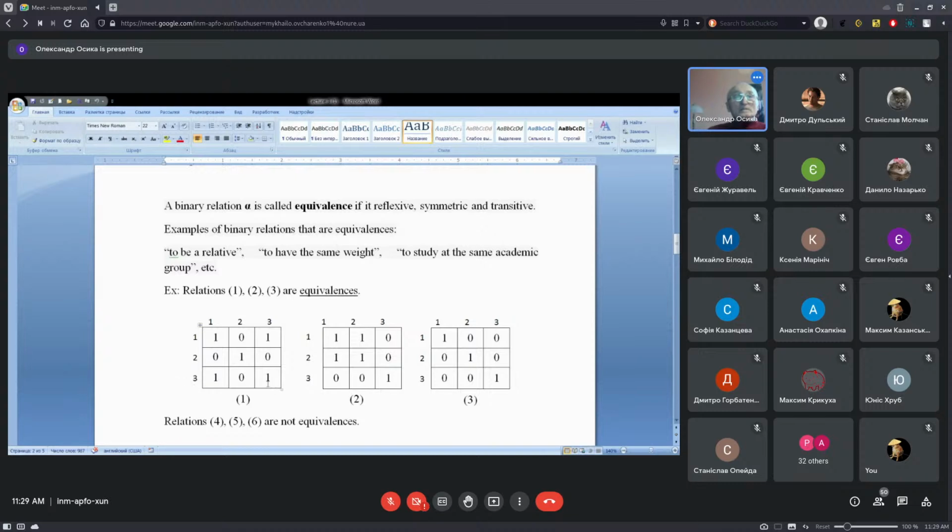3 to 1. 3 to 1, true. 1 to 3, true. For this relation to be transitive, then 3 to 3, 3 must be in the same relation to 3.